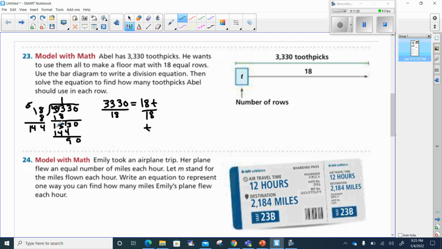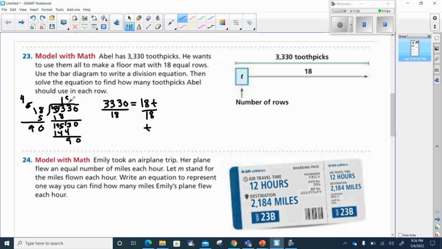This would be a 4, which will go back down to 0. And I have 90. Now I have to think about how many times 18 will go into 90. Instantly, I'm going to try 5 just because I know 8 times 5 will give me 40, and that will give me a nice 0 there. And bring a 4 up here. And 4 plus 5 is 9. So that works out nicely.